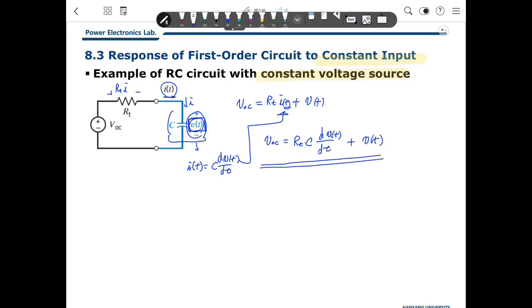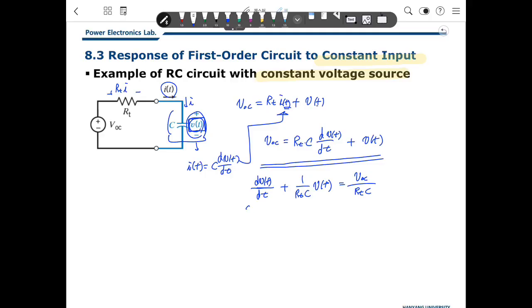Then this equation can be rewritten as dv(t)/dt plus 1 over RC times v(t) equals V_OC divided by RC.